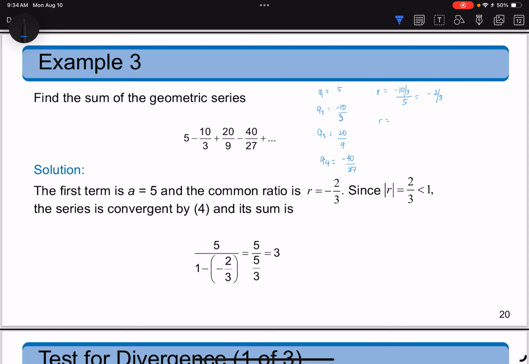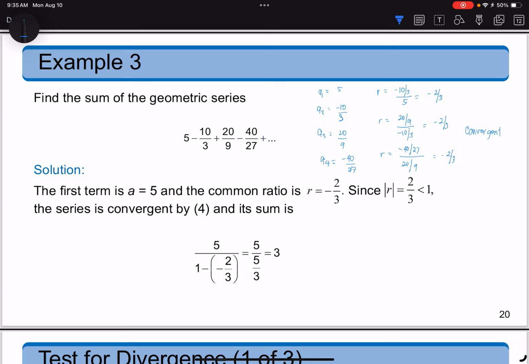Another common ratio, 20 over 9 divided by negative 10 over 3, is 20 over negative 10, negative 2 over 3. Common ratio, negative 40 over 27 over 20 over 9, is also negative 2 over 3. Since the ratio is in between negative 1 and positive 1, we can say that this is convergent.